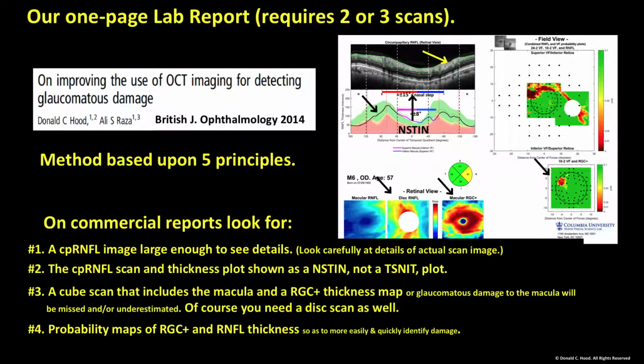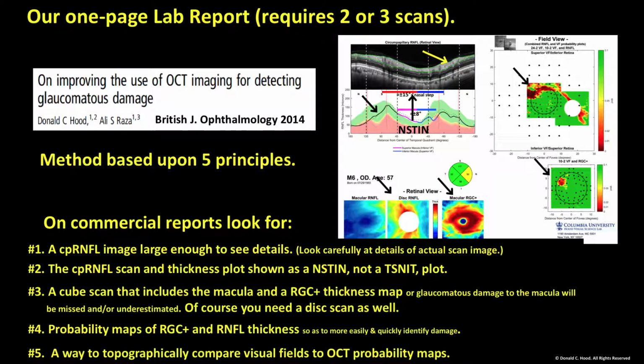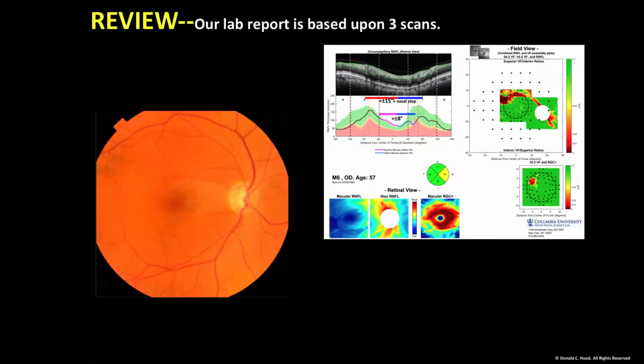So there's the probability plot here on our report for the retinal ganglion cells, and this is the probability report for the retinal nerve fiber layer. And then finally, it'd be nice to have a way to topographically compare the results from visual fields to the results from OCT. So what we do here is superimpose the field points from the 24-2 and 10-2.